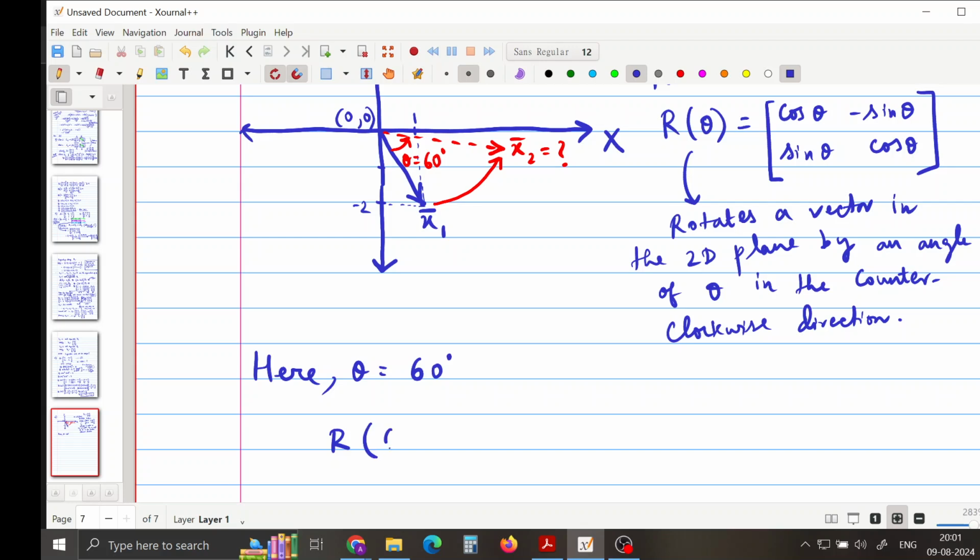So the rotation matrix that we have in hand is r of theta, which is r of 60 degrees, will be cos 60 degrees, minus sine 60 degrees, sine 60 degrees and cos 60 degrees.